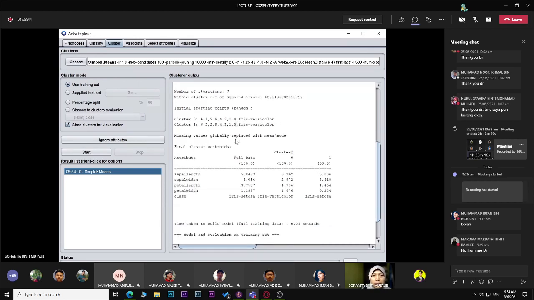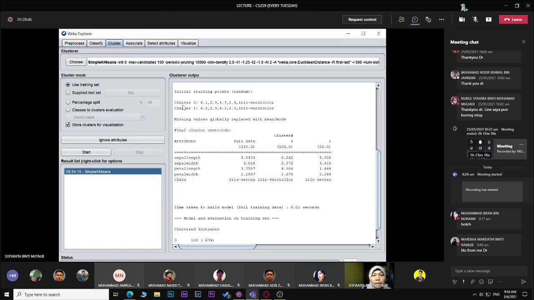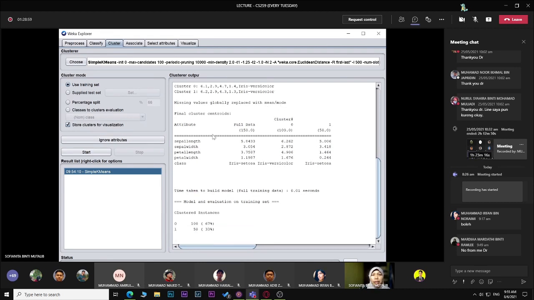As you see here, cluster 0 and cluster 1, and normally the majority of cluster 0 belongs to versicolor, and then cluster 1 belongs to versicolor. Okay, and this will be other data that can be gained from the outcome of the k-means.